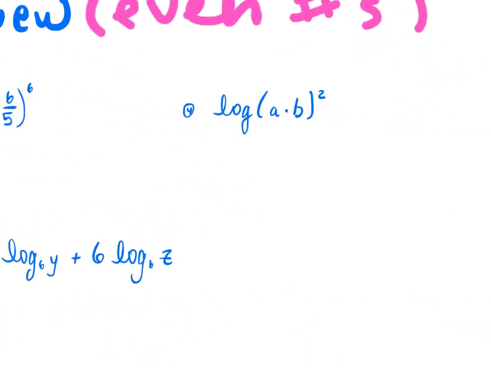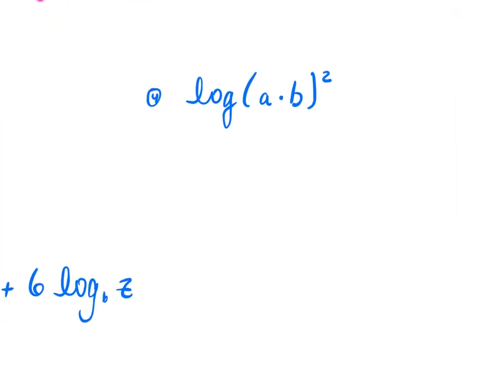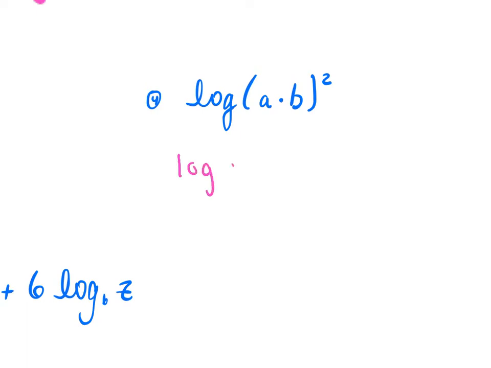Number 4. Again, we are expanding. So what would we do here? You would add. So what would our answer be? It'd be log of A to the power of 2 plus log of B to the power of 2, and then move the powers to the front. Perfect.